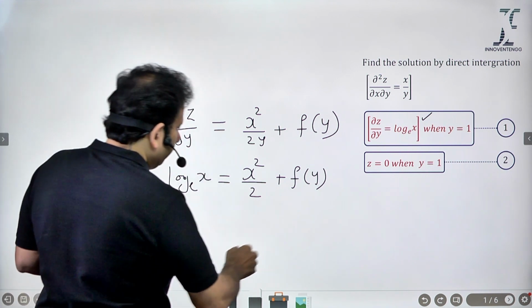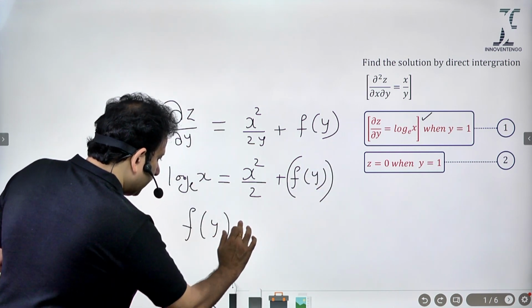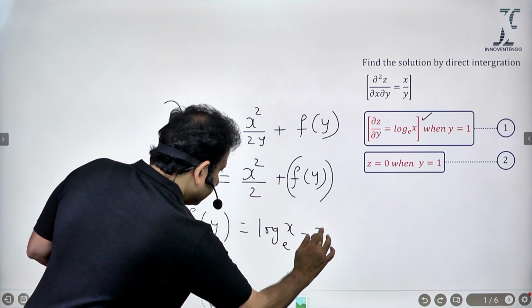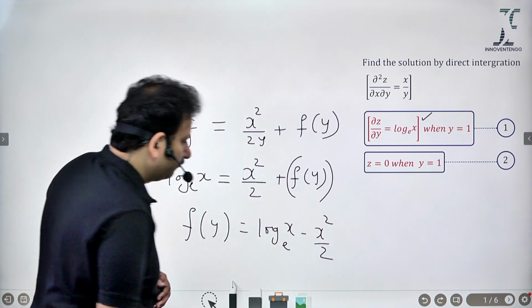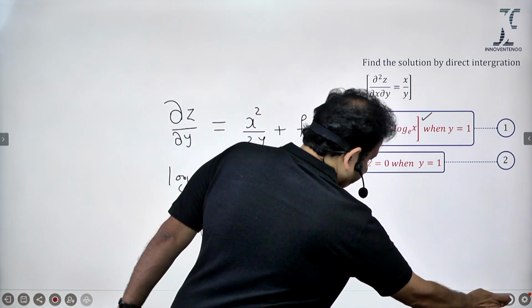So therefore my function f of y is now going to be defined as f of y is equal to log x to the base e minus x square by 2. Am I right? So this is the first value of f of y.